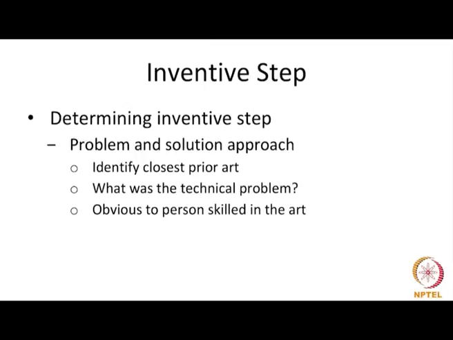With these two things, will it be obvious to a person to come up with a paper clip? If the answer is yes, it would be obvious, then the paper clip would not involve an inventive step and it would not be granted a patent.